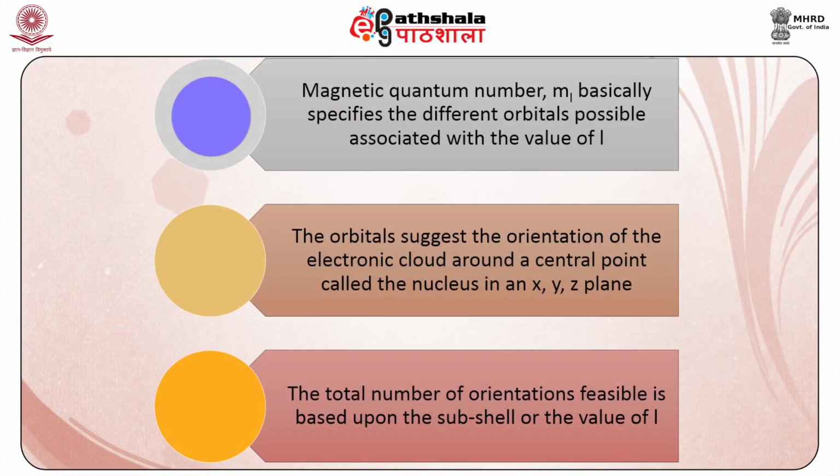The next to be discussed is the magnetic quantum number ml, that basically specifies the different orbitals possible that are associated with the value of l. The orbitals suggest the orientation of the electronic cloud around a central point called the nucleus in the x, y, z plane.